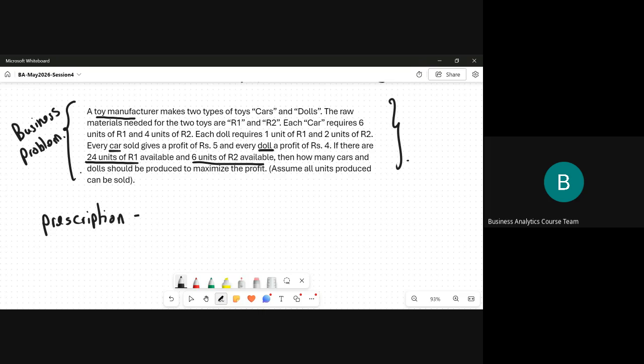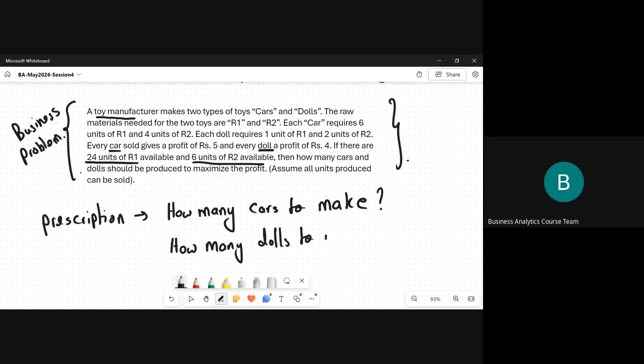It is a prescription because you are going to tell how many cars to make, and how many dolls to make. Since you are going to answer specifically these two questions under all the parameters mentioned in the problem, this is known as a prescriptive analytics problem.